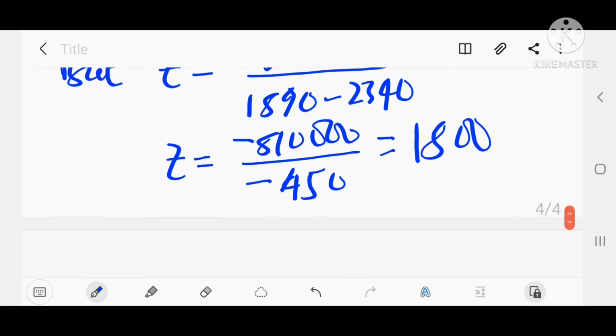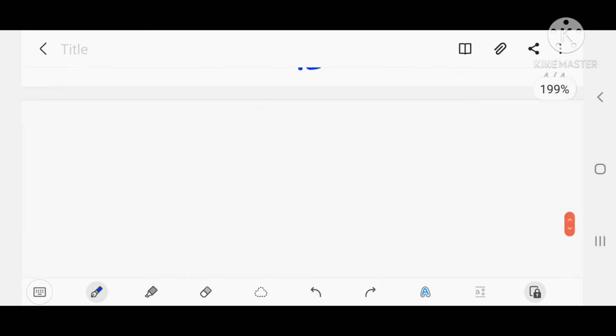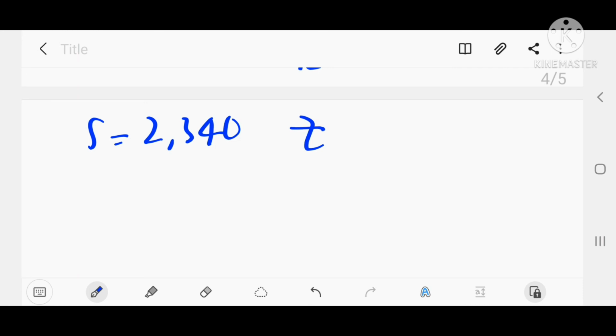That will give us 1,800. So our s is 2,340 and z equals 1,800.